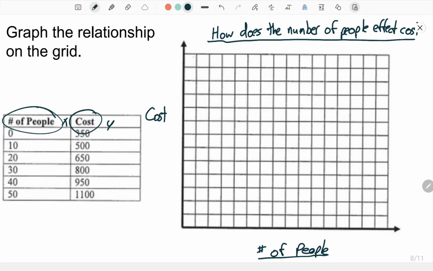And now we want to figure out what numbers we're going to put on this graph. For the number of people, you can see it nicely goes up by tens, and you just want to space it out so that it nicely fits, because if you did it just like every one, like 0, 10, 20, just like what I'm doing right now, you can see my graph just ends pretty much right here. That doesn't make good use of the space.